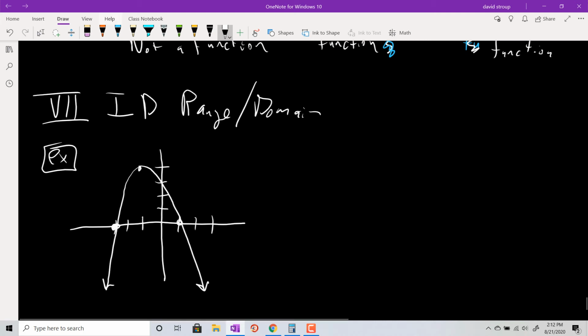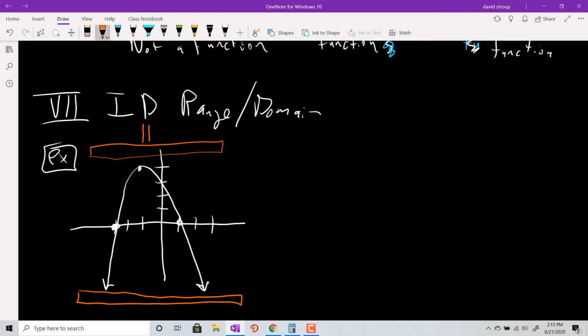So how I usually teach it is to think of a trash compactor. If you have a trash compactor smushing this graph onto the number line, maybe here's one side of the trash compactor, here's the other side, and it's smushing in like that.